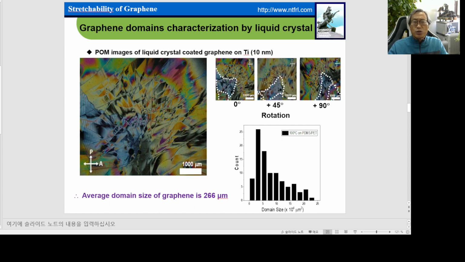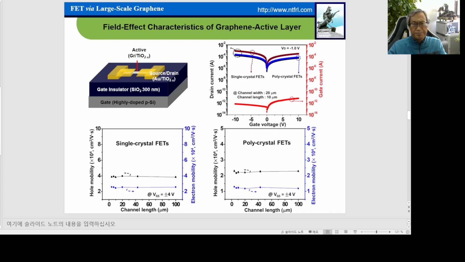Compared with that, we repeatedly measured the domain size of graphene on the titanium on PDMS, a flexible and stretchable substrate. In that case, the domain size is 266 micrometer. This is also a very large domain size, even though graphene was grown at 100 degrees C. This is very interesting data.